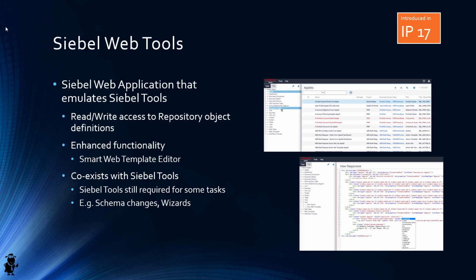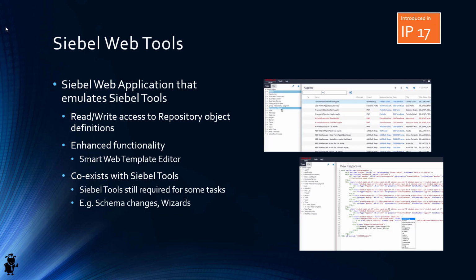Siebel Web Tools is not fully necessary for a developer unless you want to do stuff that Siebel tools cannot do. At the moment, this is the editing of web templates plus the graphical editing of applets and views in what is now a browser-based layout editor. You still need Siebel tools for most complex development tasks, such as running wizards to generate integration objects, making schema changes, or using workflow editors.